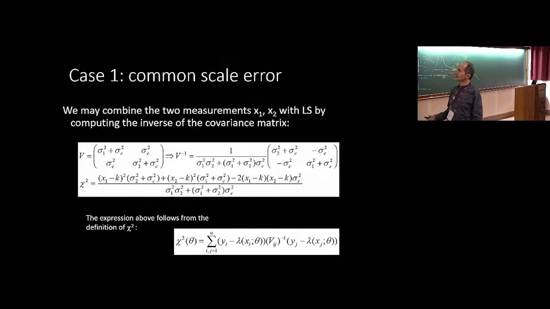So the chi-square then is the delta of the first measurement squared times the first element, plus the delta squared of the second measurement with respect to the common mean, times this element of the covariance.